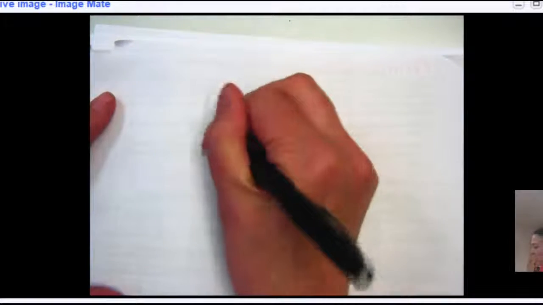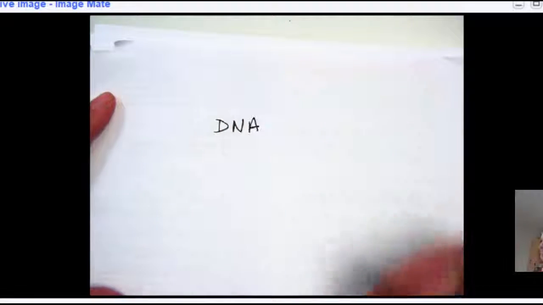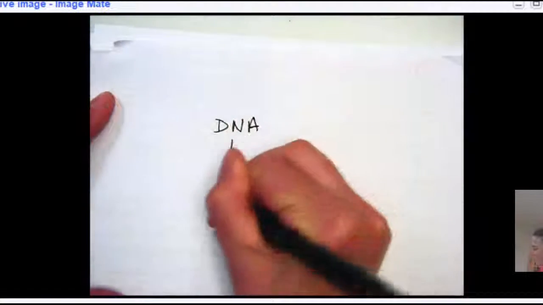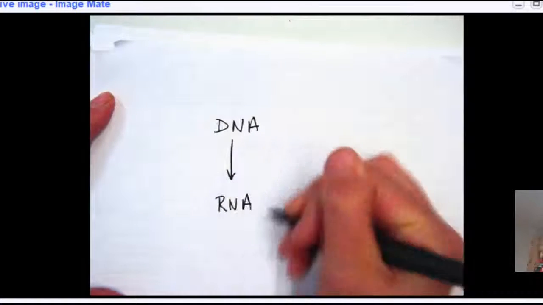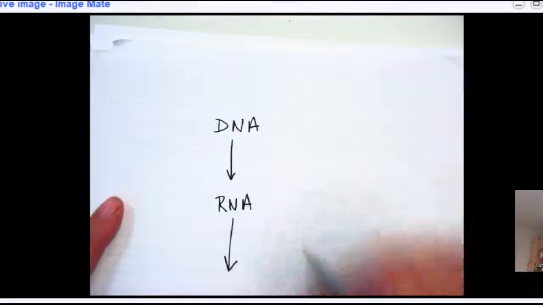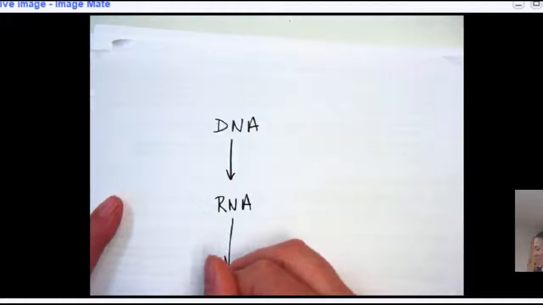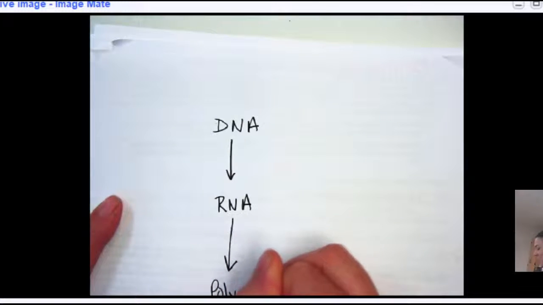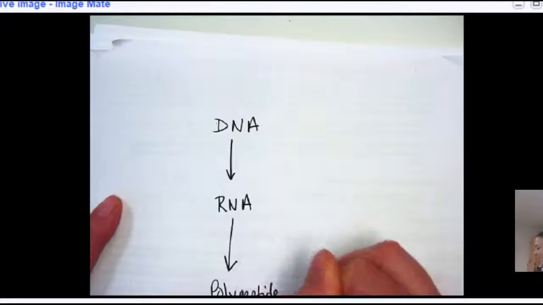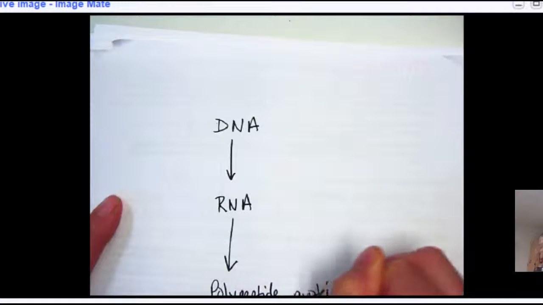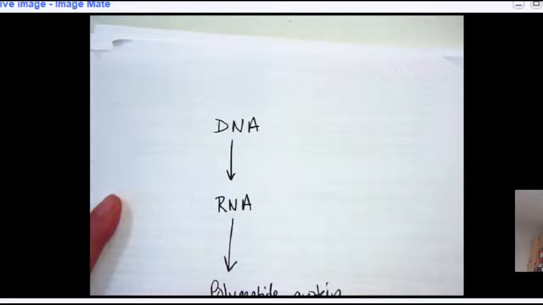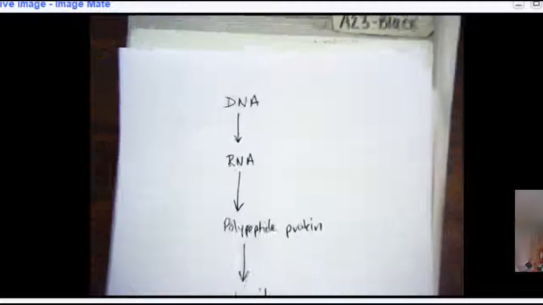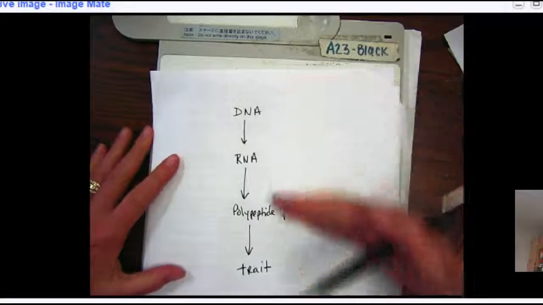Here's the other one. We go from DNA, and then we go to RNA, and then we go to our polypeptide for our protein, and then we see the trait. So this is the chain of events.